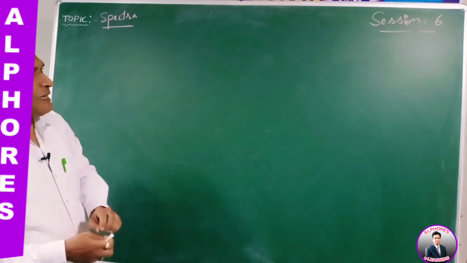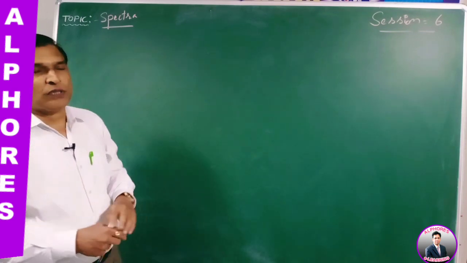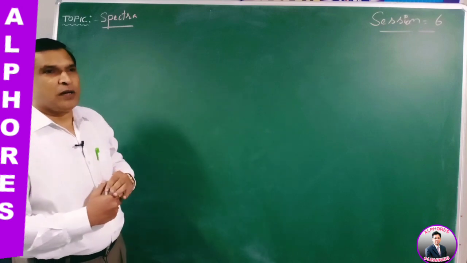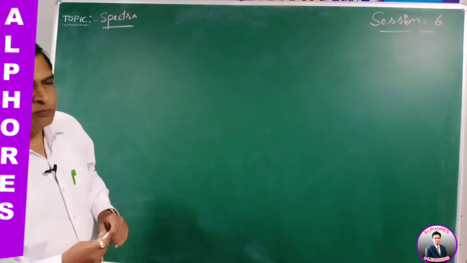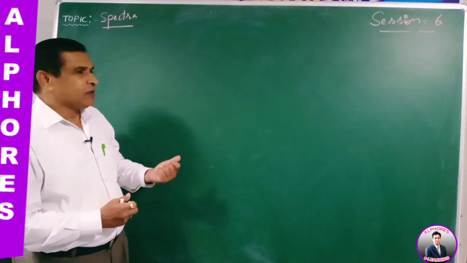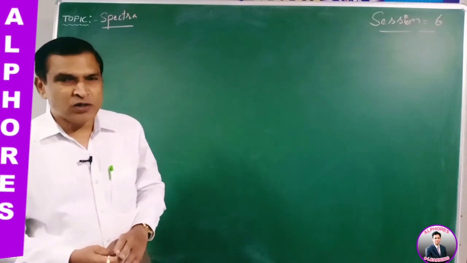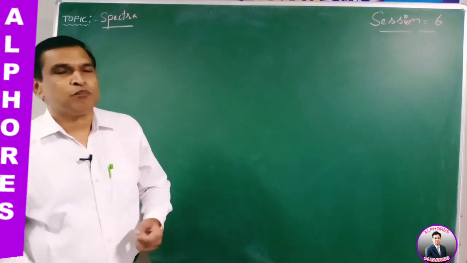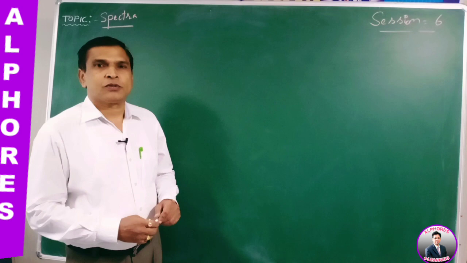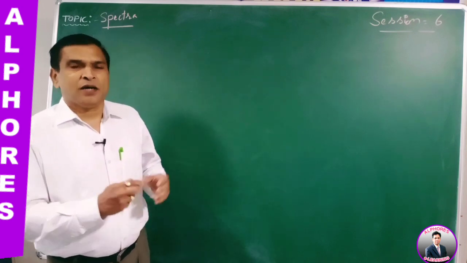So in this session, we will discuss spectra. In the last session 5, we had the discussion about the introduction of spectra, the electromagnetic spectrum, and types of spectra. The spectra are basically classified into continuous spectra and discontinuous spectra. In continuous spectra, the spectral lines are arranged closely without gap.